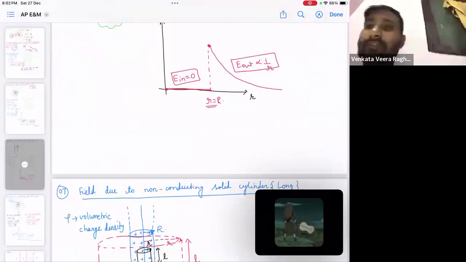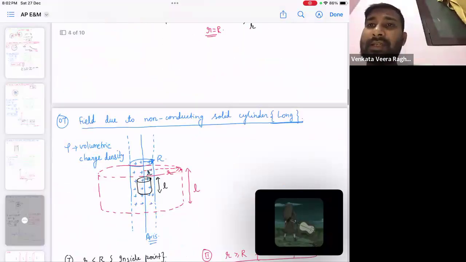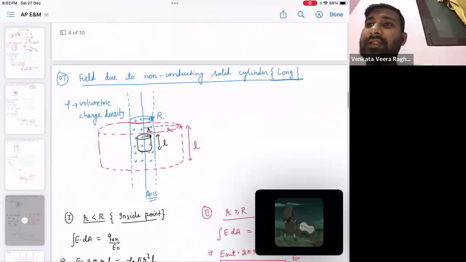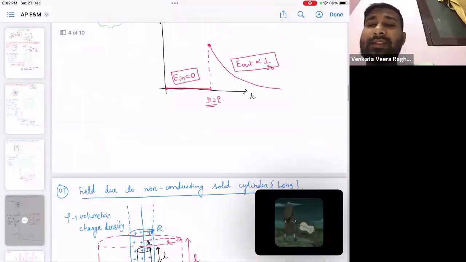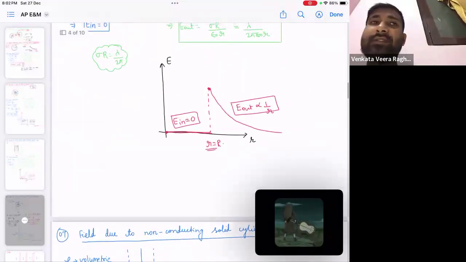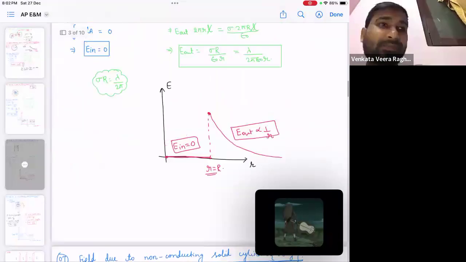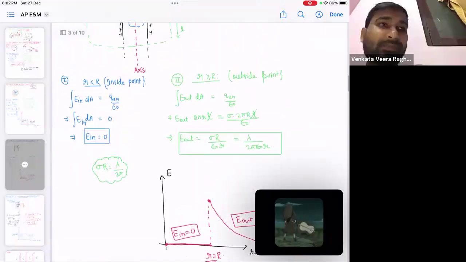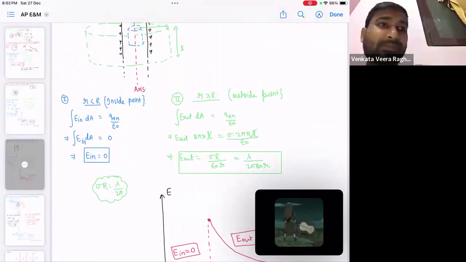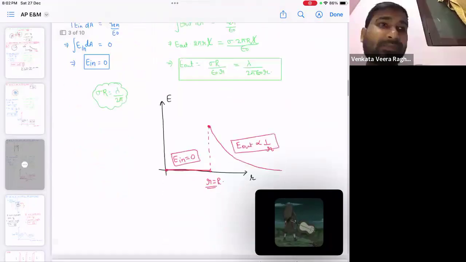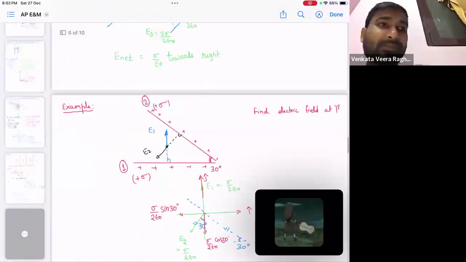Using the Gauss law, we have calculated the electric field due to different types of arrangement, isn't it? Like point charge we have calculated, line charge we have calculated, thin sheet we have calculated, and hollow and solid sphere, as well as the hollow and solid cylinder.